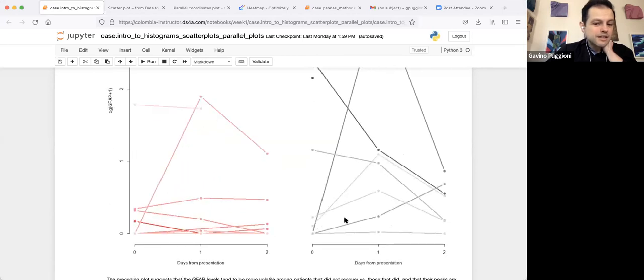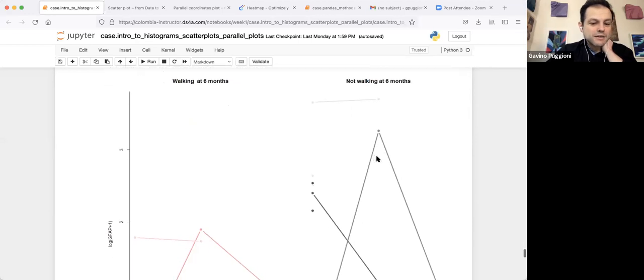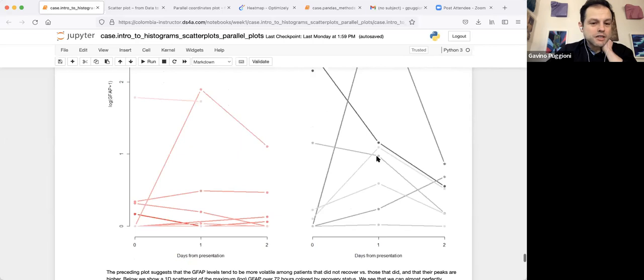And if at any point in time during the next 72 hours, they go up, that can actually be a formidable way to identify low chances of recovery.